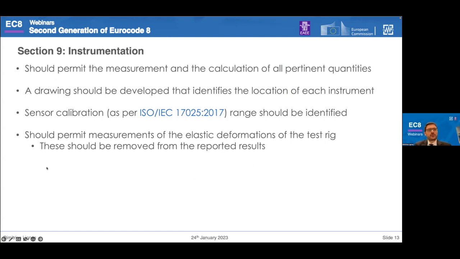What is also important is to ensure that the measurements of the elastic deformations of the test rig are also done, so that these are removed from the reported results and the results are not influenced by the test rig, which has been seen in several cases.